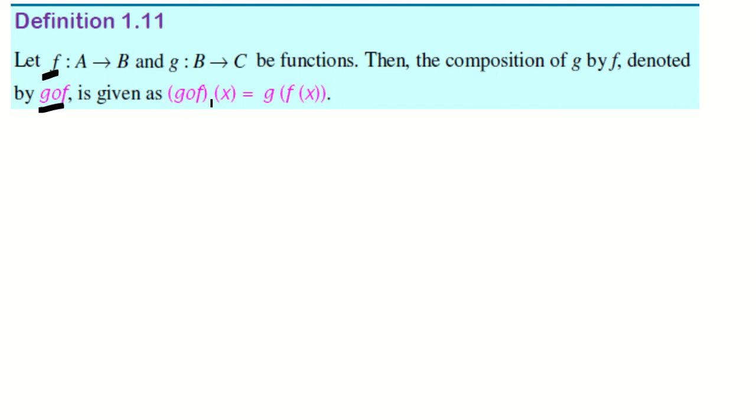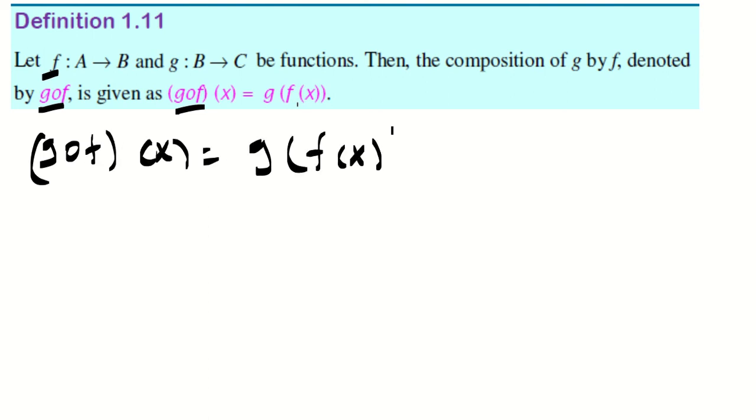It is the same as (g∘f)(x), which is the same as g of f of x. Let us see a simpler example, and then we'll go to the process form.